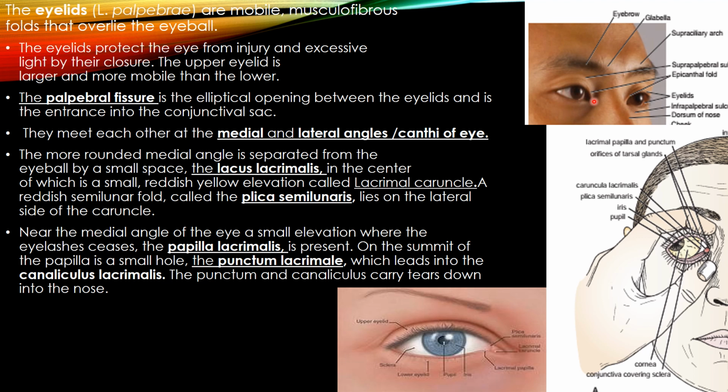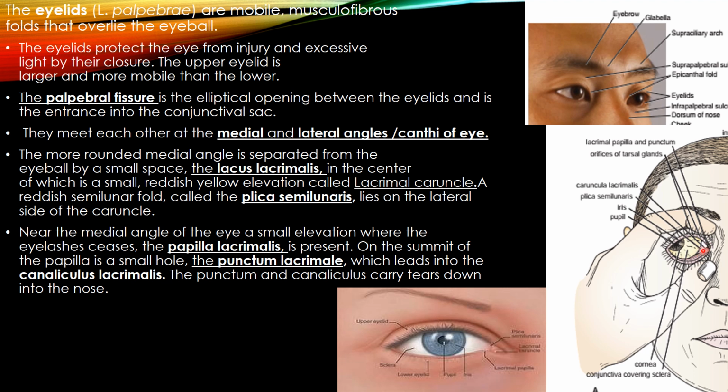Palpebral fissure is the elliptical opening between the eyelids and is the entrance into the conjunctival sac. They meet each other at the medial angle and the lateral angle of the eye, also called canthi of the eye. The more rounded medial angle is separated from the eyeball by a small triangular space called lacus lacrimalis, in the center of which is a small reddish yellow elevation called lacrimal caruncle.